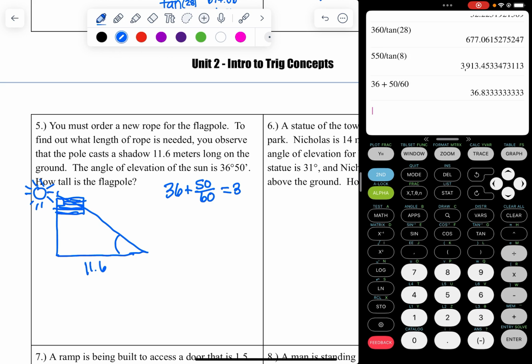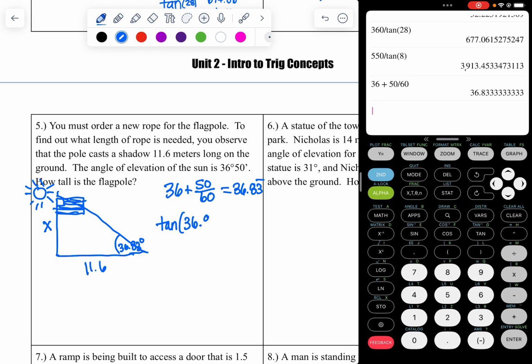And so we'll get 36.83 repeating. And that goes here. And they want to know how tall is the flagpole. So we want to know this here. So again, tangent is our best option here.